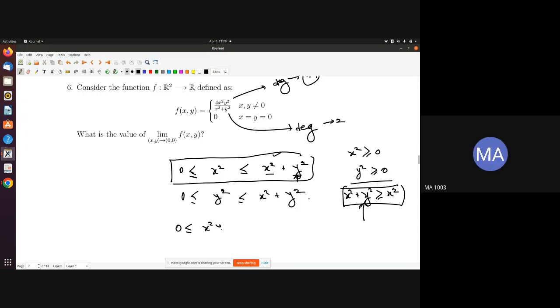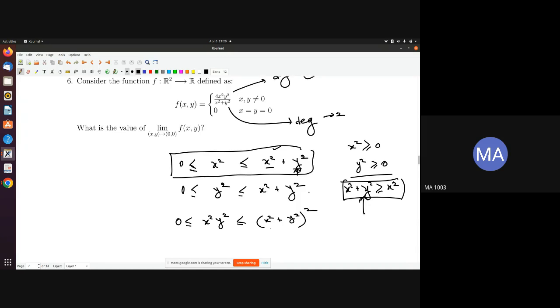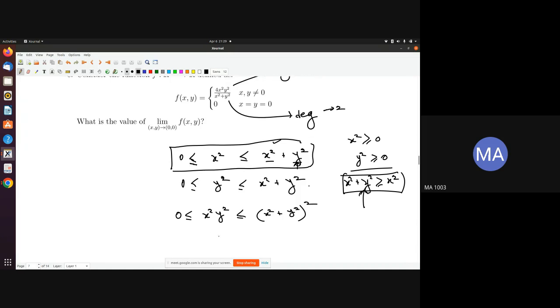I can take the product of these. Everything is positive here, so no need to worry about the inequality. We can do the product directly because all of them are non-negative numbers, and the inequality remains the same. Now you can divide by x squared plus y squared.